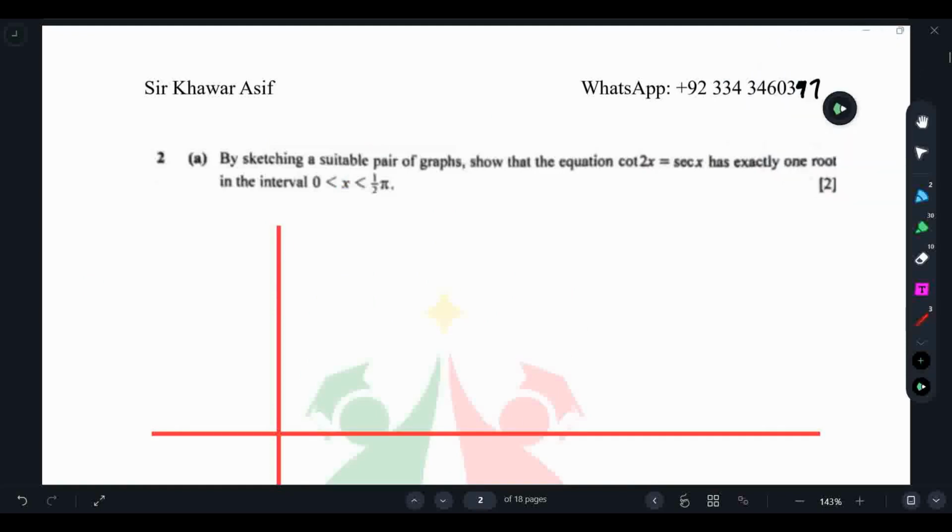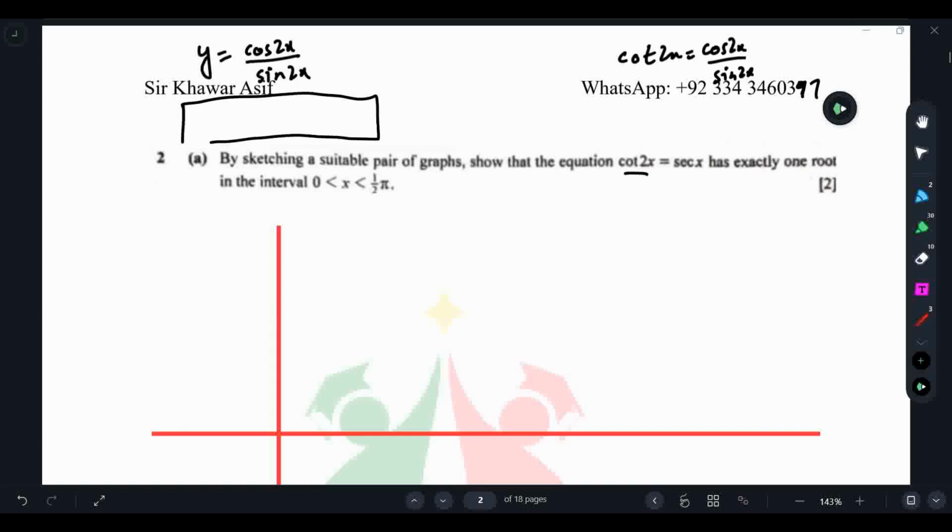For the left hand side, y equals cot of 2x, we can write it as y equals cos of 2x by sine of 2x, because we know that cot of 2x is equal to cos of 2x by sine of 2x. Now just put in the values. Let me make a table over here, and I will choose one or two values, in fact three values.